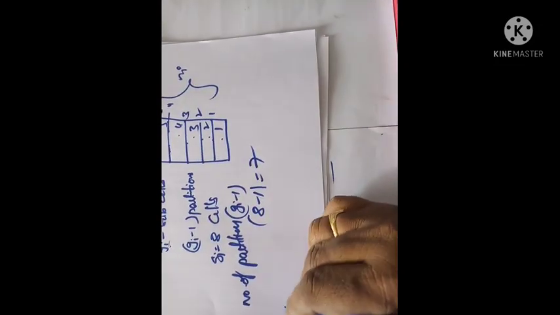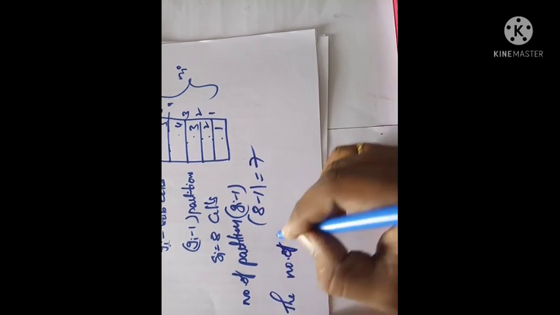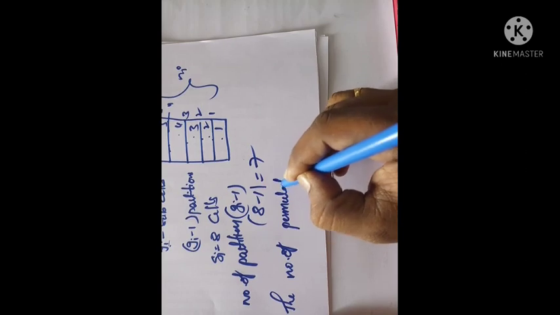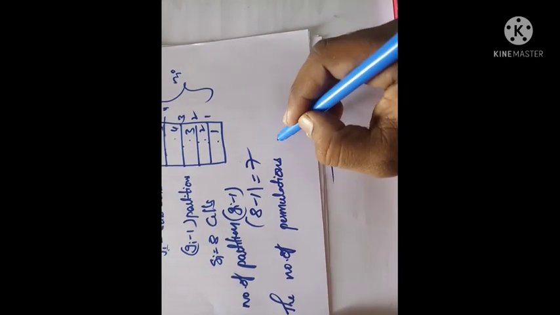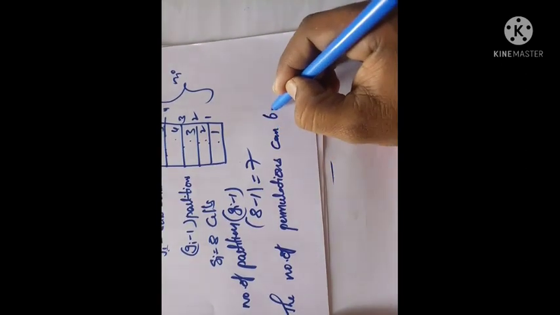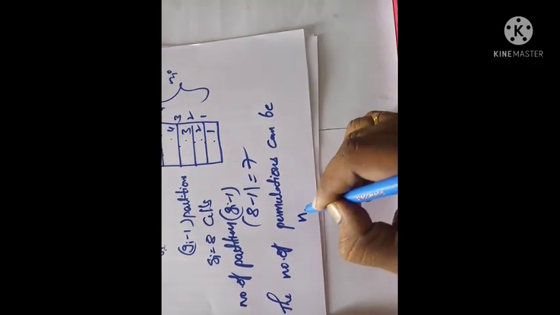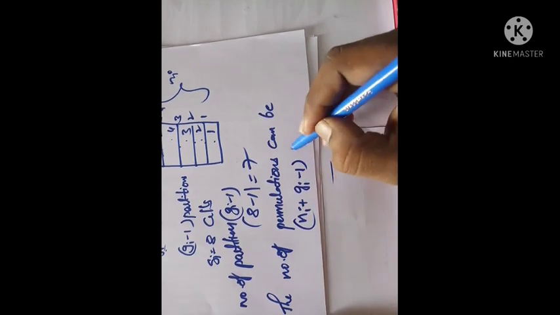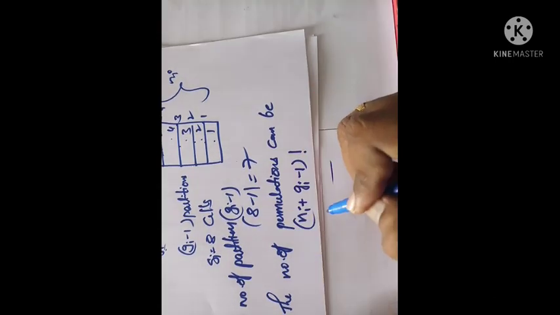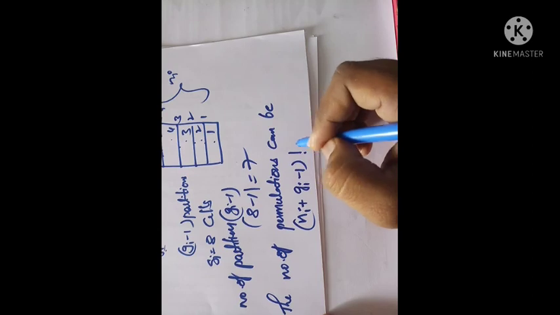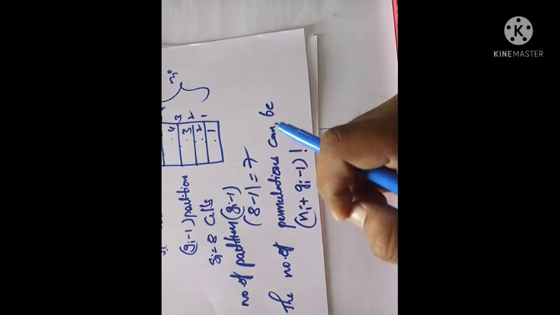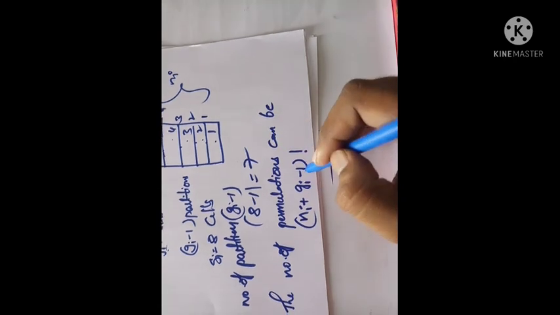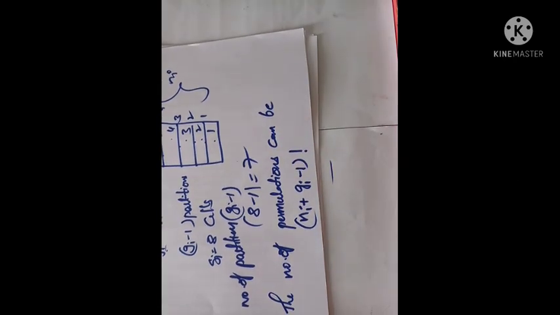Therefore, the number of permutations can be written with the formula Ni plus Gi minus 1 factorial. What is Ni? Ni is the number of particles distributed in Gi cells, where Gi minus 1 is the number of partitions.